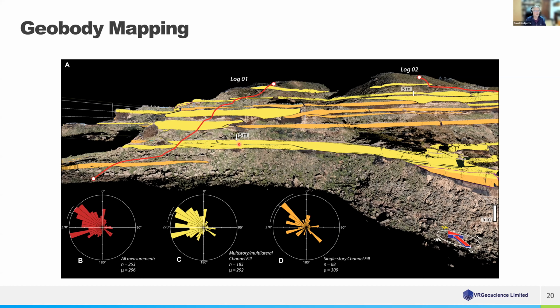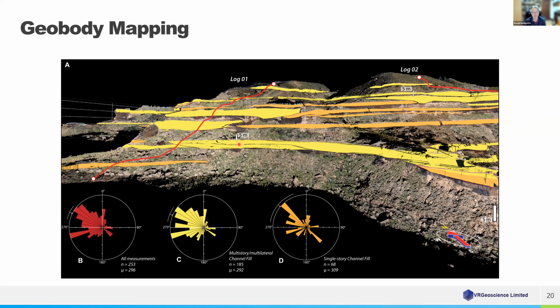Now, you can't just measure the width of a channel from an outcrop, because for it to give you the true width of the channel, your outcrop has to cut perpendicular to the flow direction, to the axis of the channel. Any other cut is an apparent width that you would get. So it has to be in a particular orientation.